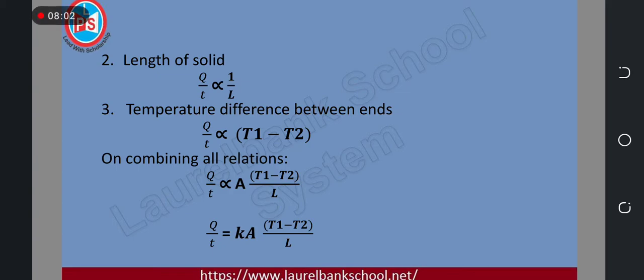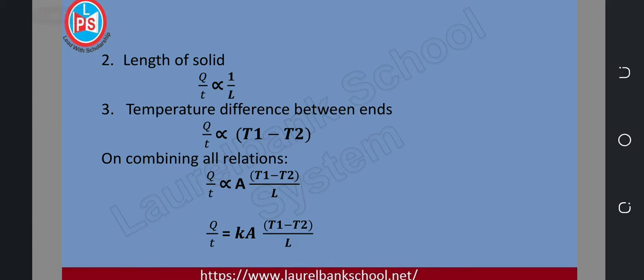It means that the greater the length, the smaller will be the rate of flow of heat, and the smaller the length, the larger will be the rate of flow of heat.